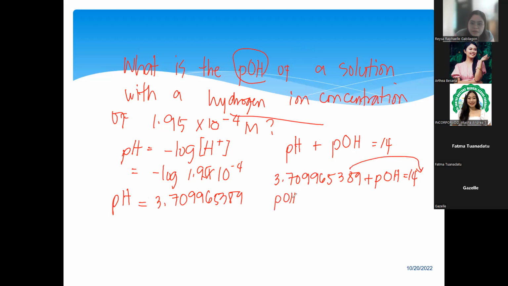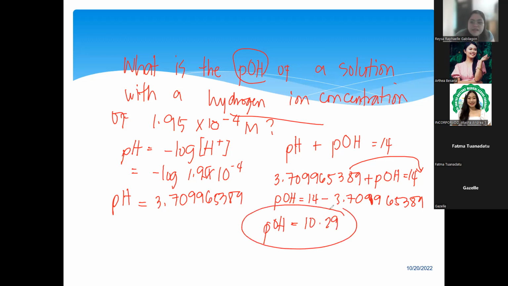That means this will become pOH is equal to 14 minus this number. This is 9.65389... 2 decimal places. pOH is equal to 10.29. Okay, so this is the correct answer. It's 10.29.